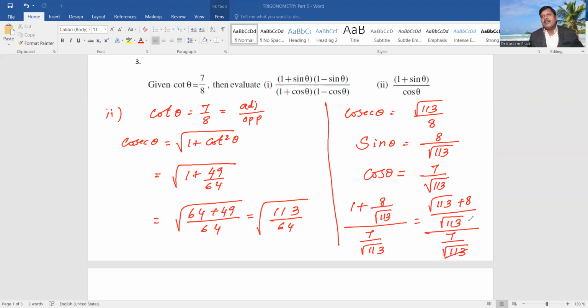Now the square root of 113 terms get cancelled. The final answer will be (8 plus square root of 113) upon 7, which is the required value of (1 plus sin theta) upon cos theta. I hope it's clear to you all.